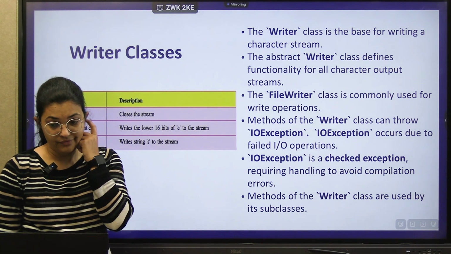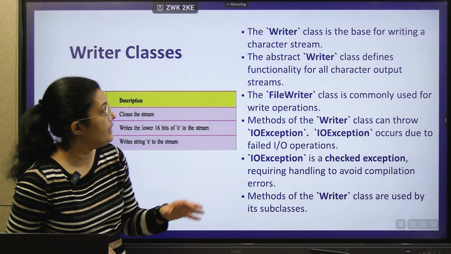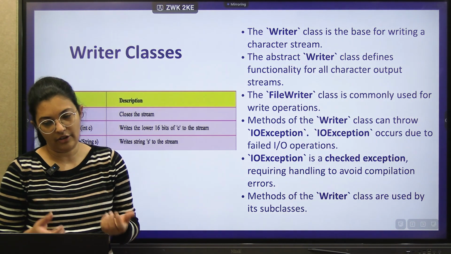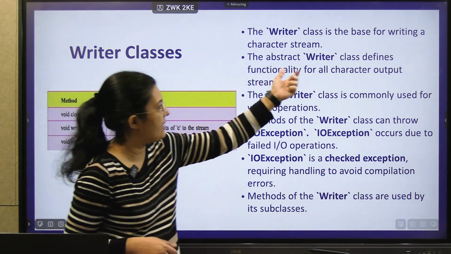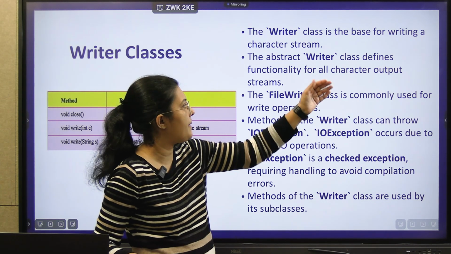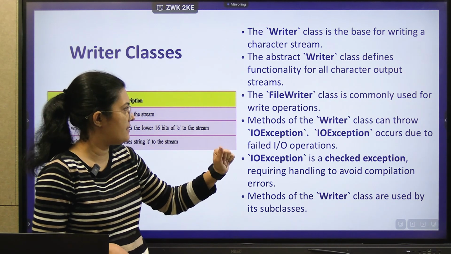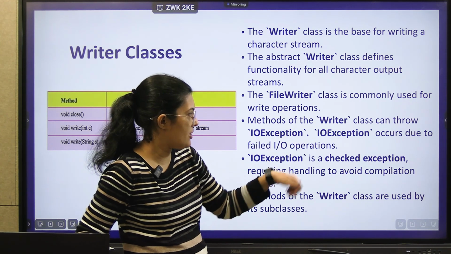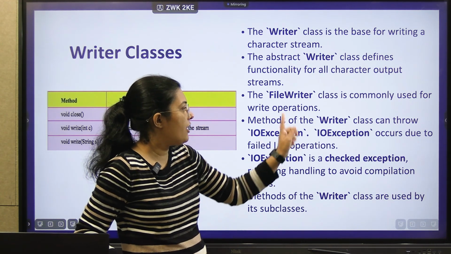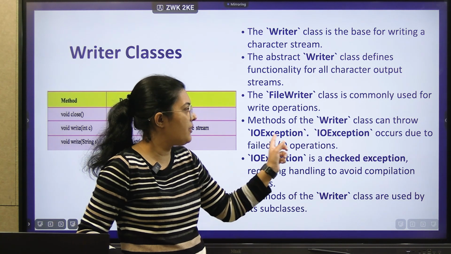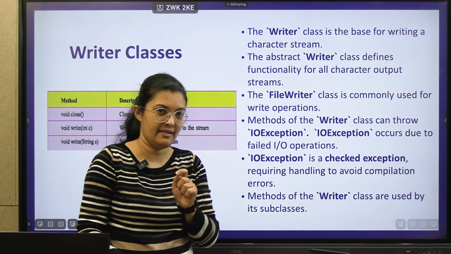Now, the writer class is basically the base class for performing any write operation. It's an abstract class, but it provides the basic methods that must be implemented by all writer classes. File writer class is commonly used for file operations, and methods of all writer classes will throw the IO exception, that is input output exception.